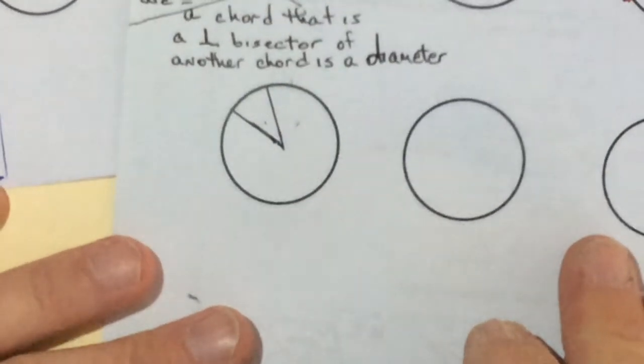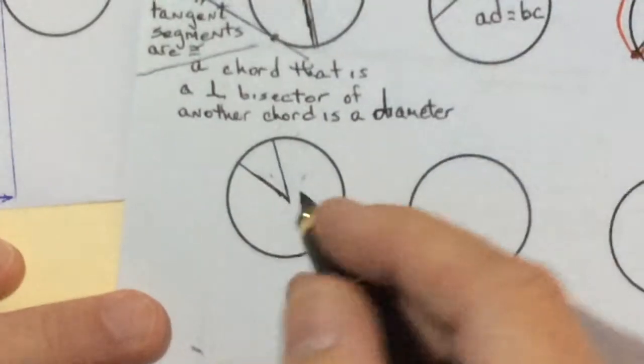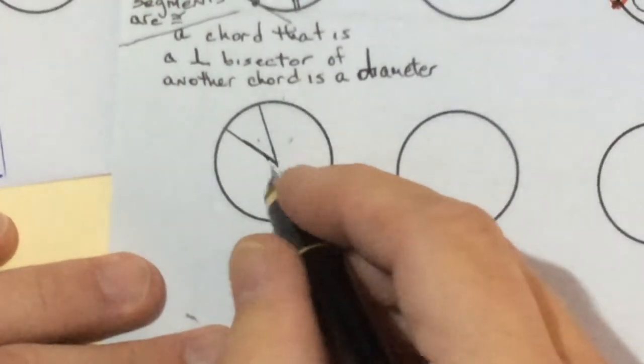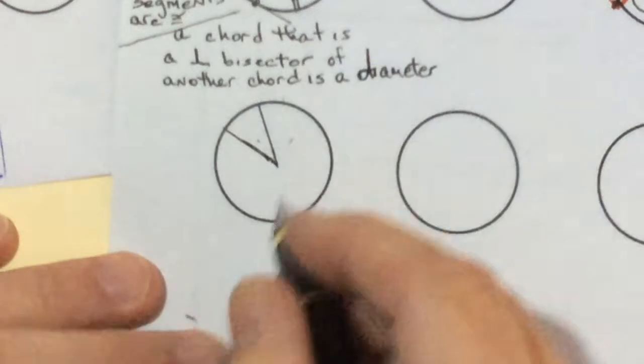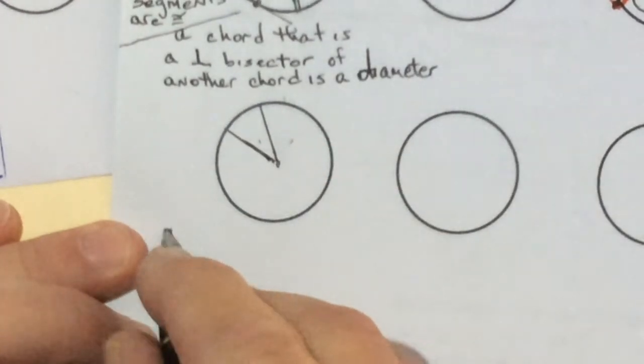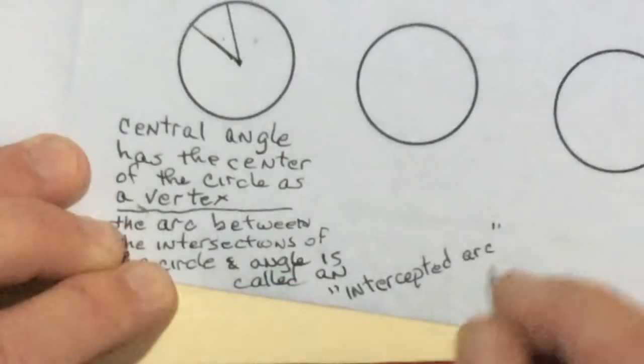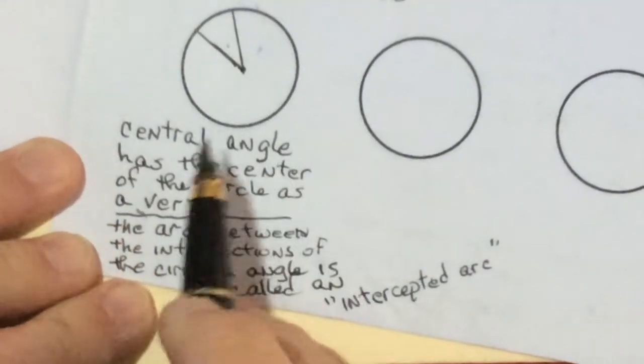What I've drawn on this circle here, on the left side on the bottom, is a central angle. Okay, so two things are going on here.